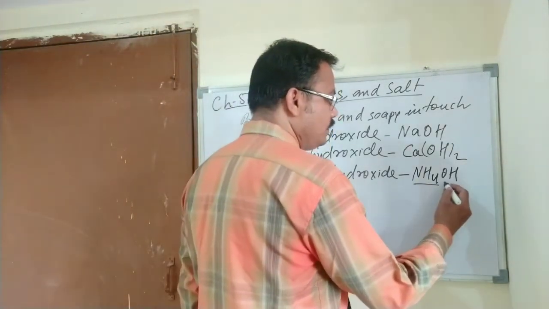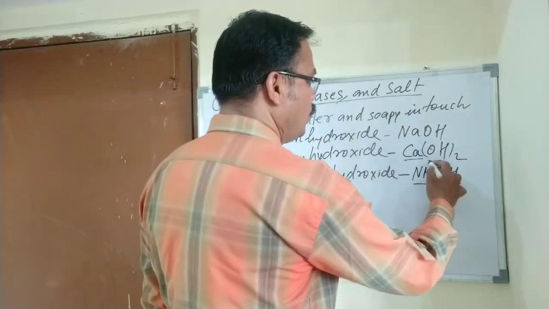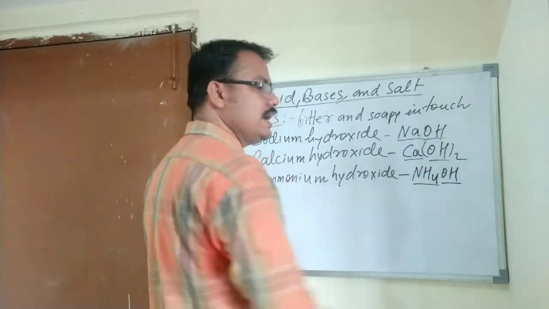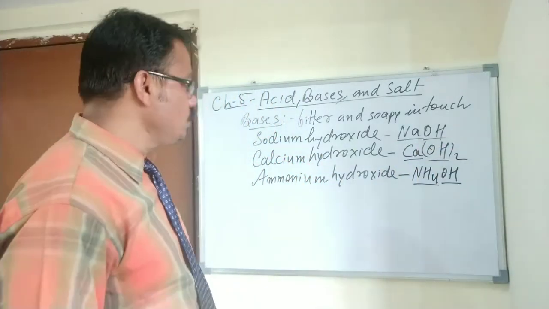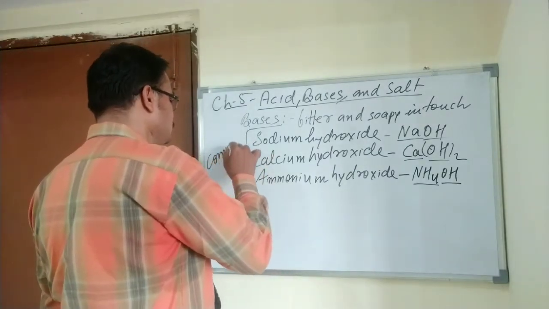NH4 means ammonia and OH means hydroxide. Ca means calcium and OH means hydroxide. Na means sodium and OH means hydroxide. So these are the most common bases.